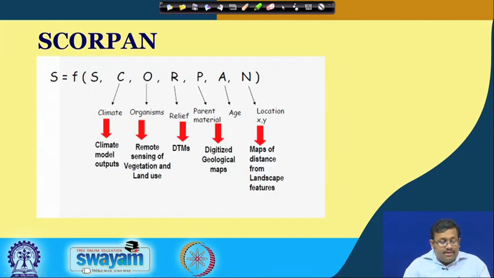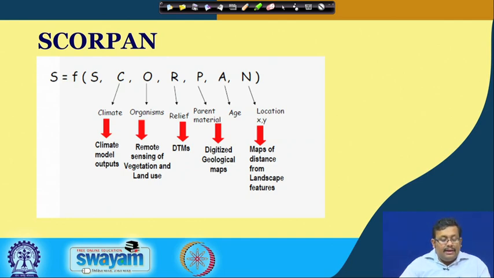So, if you see why this SCORPAN+e model is important, we already know that soil information, or S, can be gathered through legacy soil data, or by using different types of field scanners, proximal sensors or soil sensors.